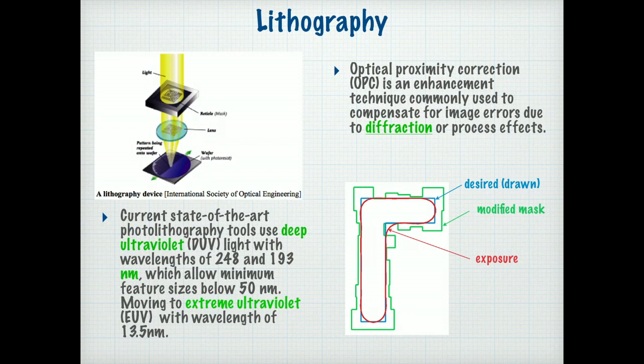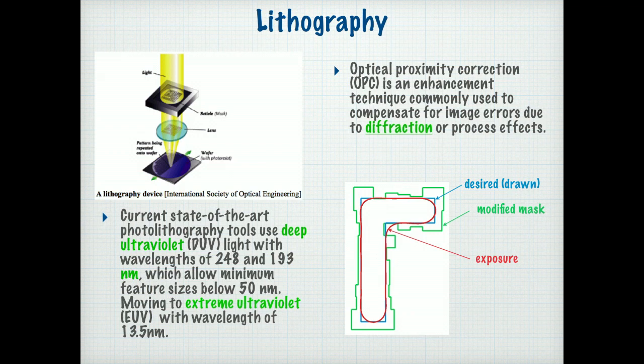The wavelength of the light that's used up until even recently is about 193 nanometers, but we're resolving features that are down to around 10 nanometers or less, right? So they use diffraction gratings and other techniques to get features on the surface of the chip that are actually smaller than the wavelength of light that's being used.